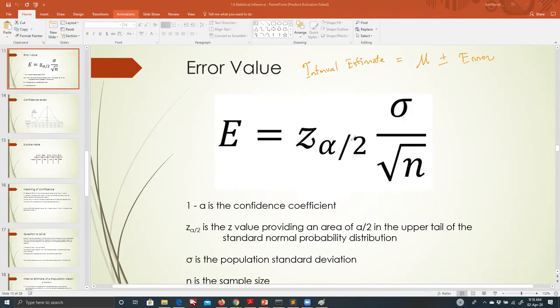And this is how you calculate the error. Now this is for two-tail. Otherwise, if it is a single tail, you should write z alpha times sigma by under root of n.